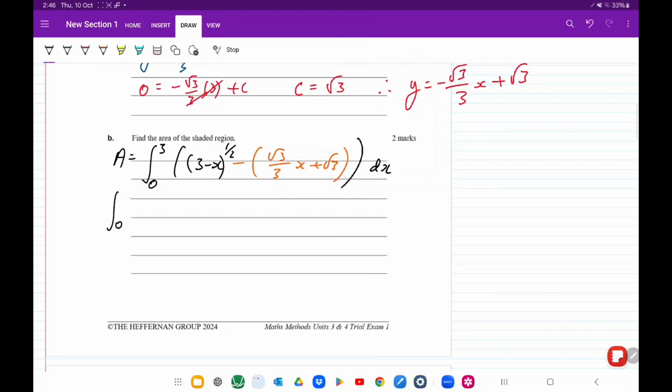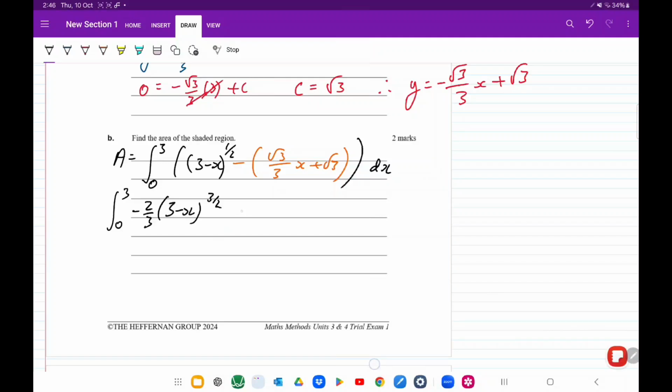So it's from 0 to 3. This one's going to be 3 minus x. Add 1 to the power, divide by the new power, but don't forget to multiply by whatever the derivative of the inside is, so that's negative 2/3. Chain rule, so for those of you that skip that one, you have to use chain rule for that one.